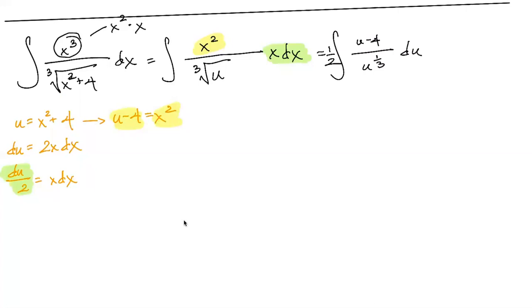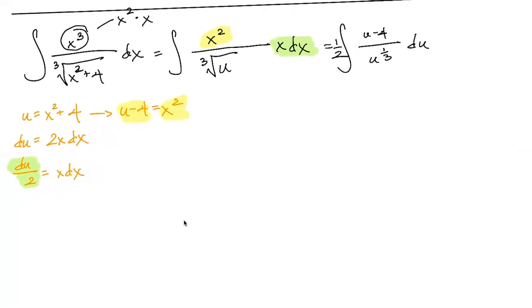So in this case, what I wanted to point out was a strategy that is sometimes helpful in algebraically simplifying an integral. So that strategy is that I'm gonna take this u to the 1/3, it's in the denominator. I'm gonna bring it up to the top, but that means it's gonna be u to the negative 1/3.